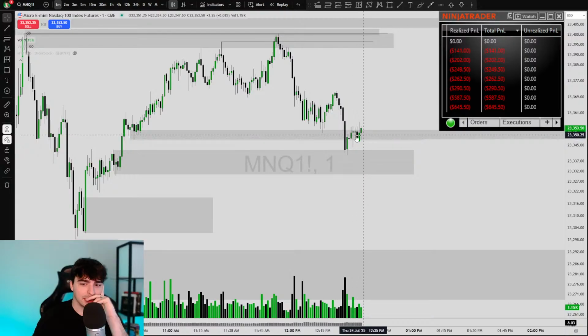Look at this. Look at the longs. Look at how longs are just chopped to death. Just barcode price action. Every bullish zone that we get is barcoded. Barcoded to death.